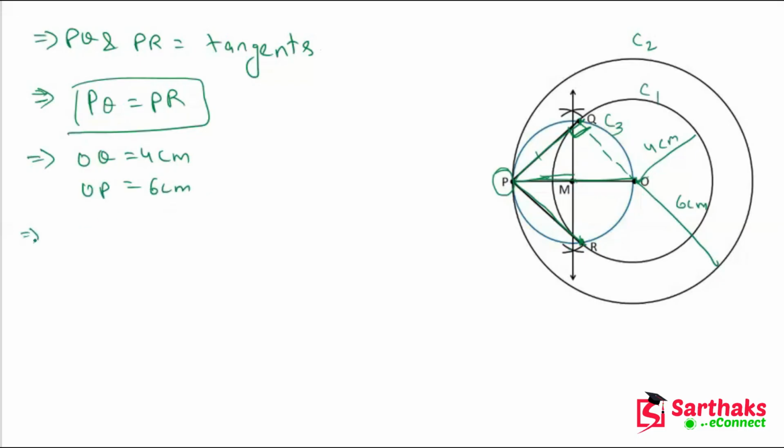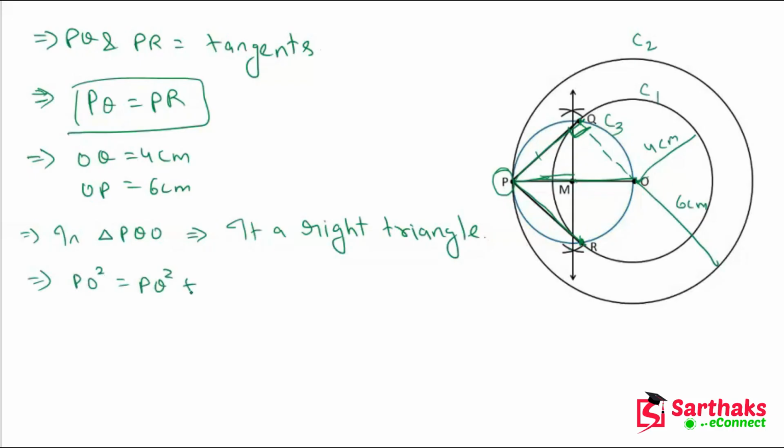And we know that triangle PQO is a right triangle. So we can write PO square is equal to PQ square plus OQ square. We know the value of PO is 6, so 6 square equals PQ square plus OQ square, which is 4 square.